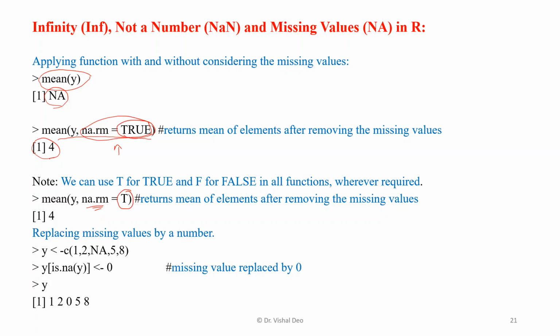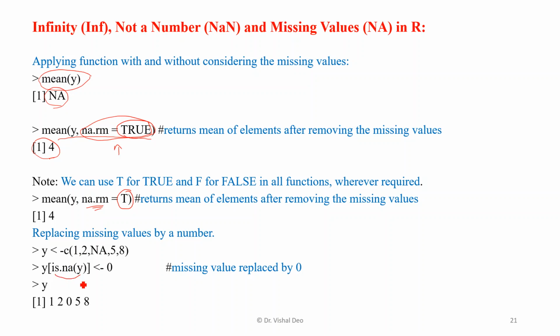Suppose we want to replace the missing values by certain values, say by 0. Sometimes while collecting data, when the value is 0, people instead of writing 0 just keep it as a missing value. If we want to replace it by 0, we first have to identify the places where there is a missing value, and at those places assign the value 0.